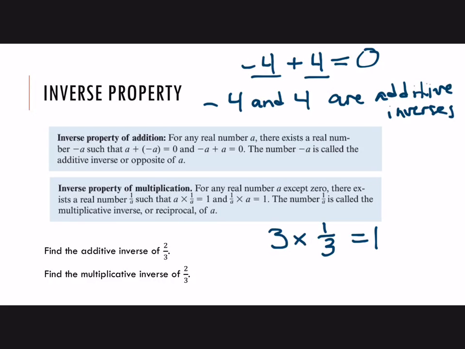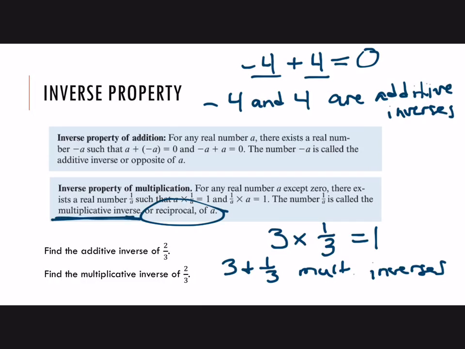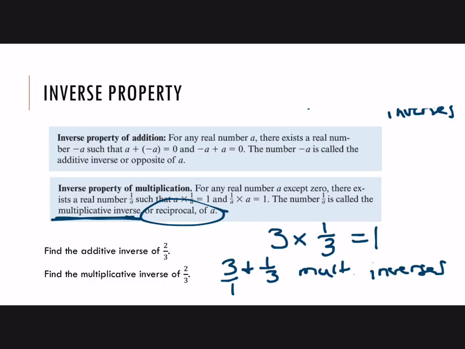Now 1/3 is called the multiplicative inverse of 3, so 3 and 1/3 are multiplicative inverses. To find the multiplicative inverse, it's not the opposite anymore, it's the reciprocal. If you had 3 over 1, then you flip it and make it 1 over 3, and the reciprocal is the multiplicative inverse.